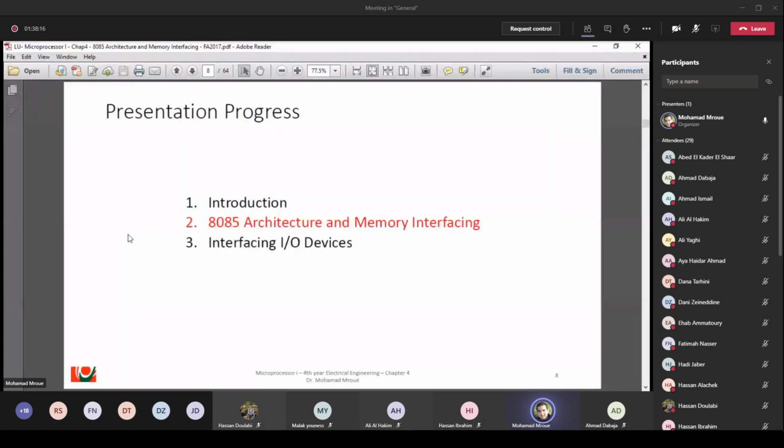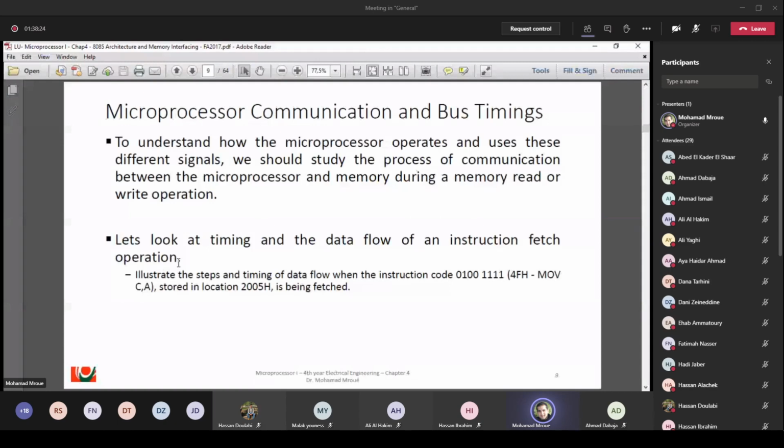Now the architecture and the memory interfacing. So the microprocessor communication and bus timings. To understand how the microprocessor operates and uses these different signals, we should study the process of communication between the microprocessor and memory during a memory read and memory write operation.